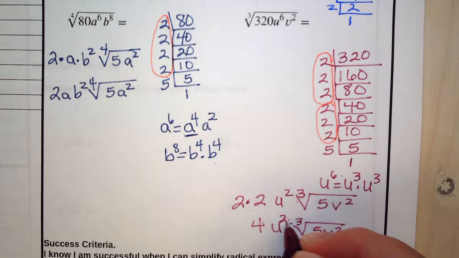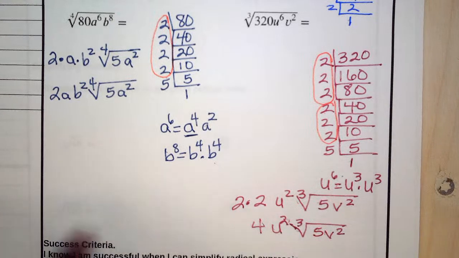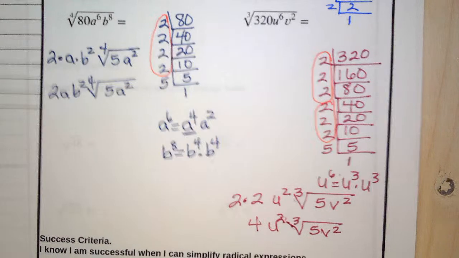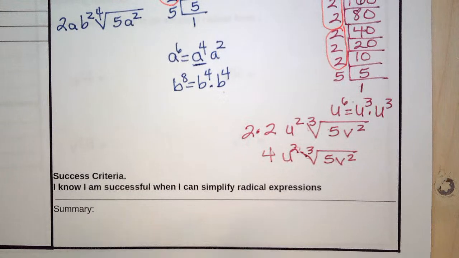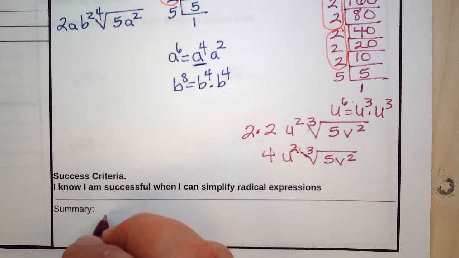So as you're looking at this, these that are the nth roots, you don't really have to know yet. But this is an introduction to get you ready. How do you know when you're successful? You know when you're successful if you can simplify square root expressions. So if we're looking at this, we went through square roots.